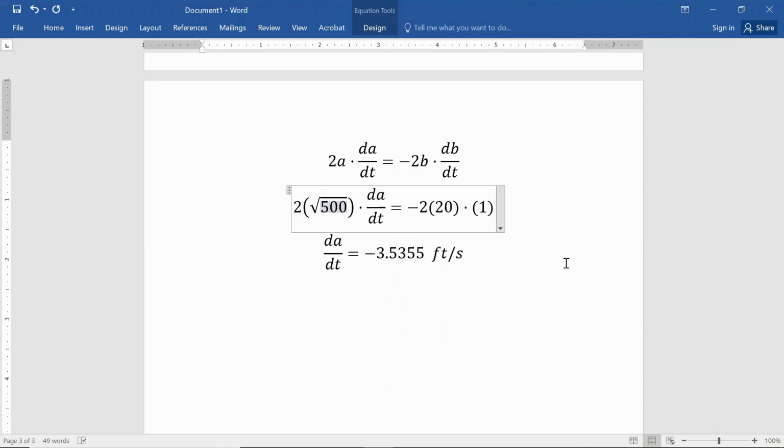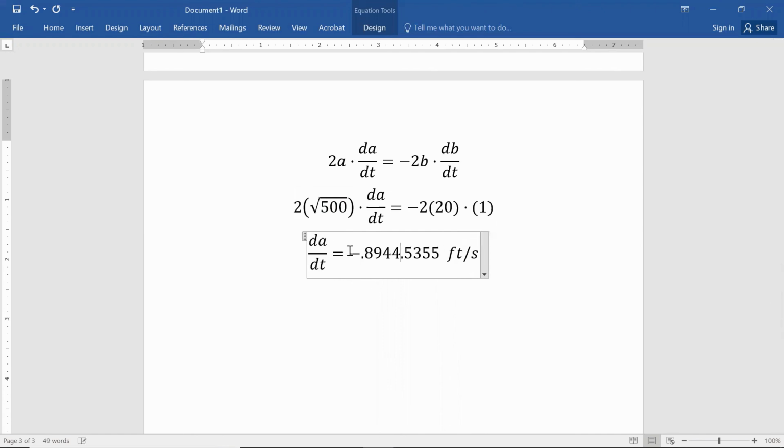Make sure that when you're writing this down, it makes sense. So the derivative of A with respect to t, the rate of change on the barn, is negative 0.8944. Again, that's feet per second.